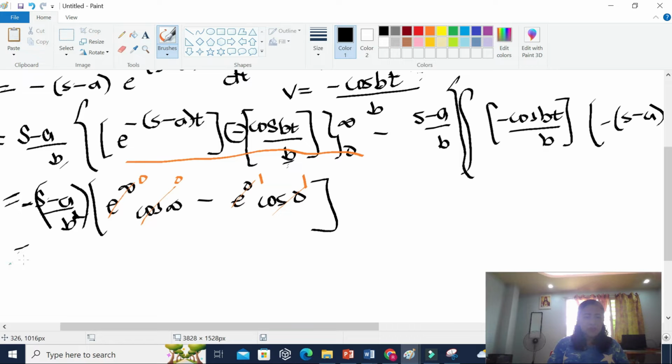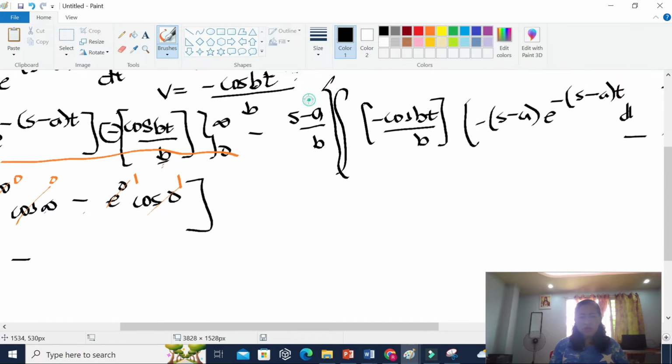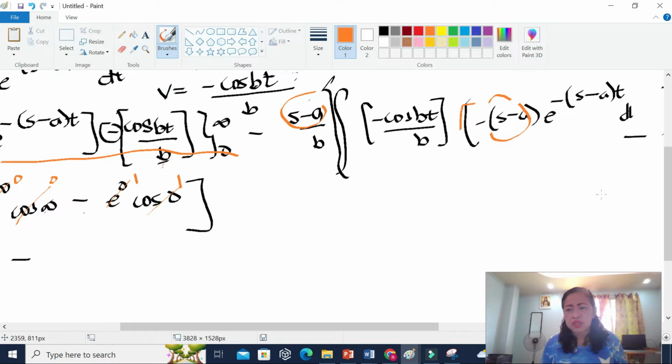So, that will become, negative ito. Negative yon. Okay, no? Ito negative, negative. So, that will become s minus a over b. Okay, no? Tapos ito, minus. Okay? Ito. Multiply ko by this one. So, negative. Negative. Ay, ito ay negative. So, negative. Negative.